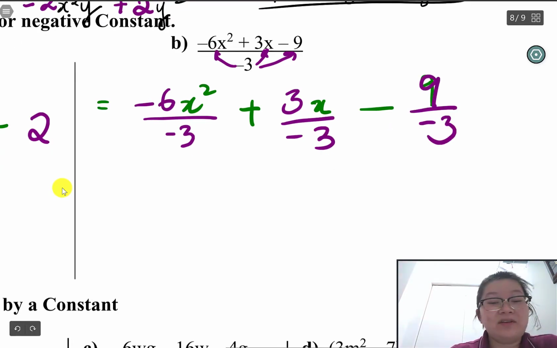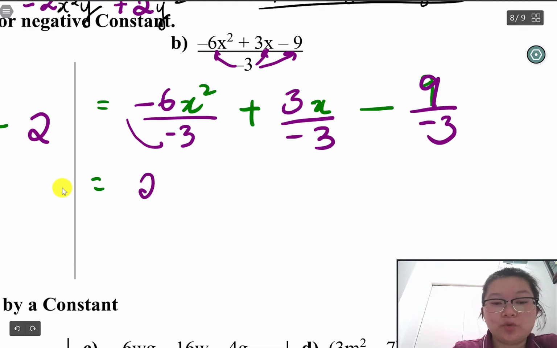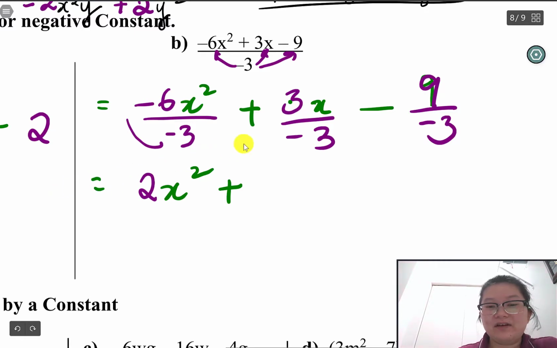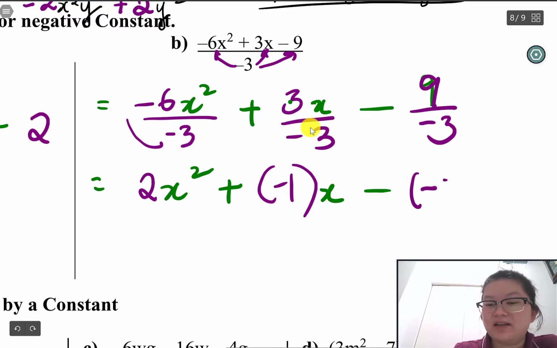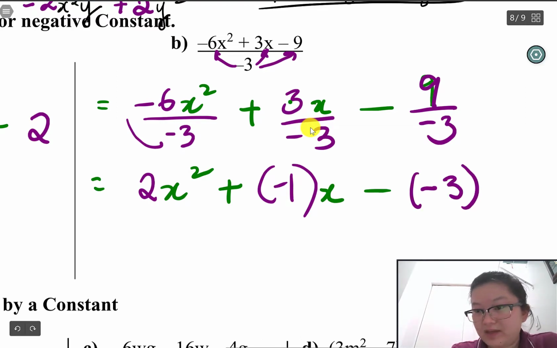So after we deal with the numbers, we will end up with negative 6 divided by negative 3 gives us positive 2. We leave the exponent as is and move on. 3 divided by negative 3, that's going to give us negative 1. Okay? And leave the x as is, minus, and 9 divided by negative 3 is going to give us negative 3.